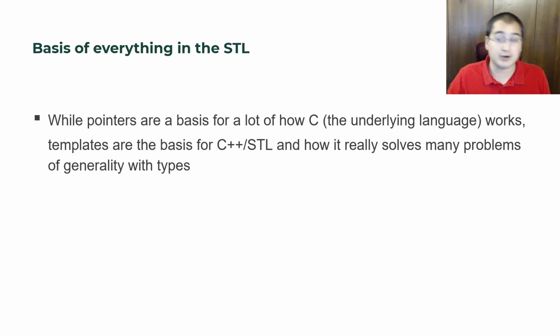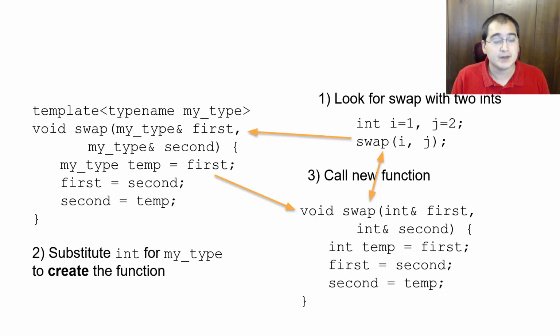Now, you can make a vector of ints, you can make a vector of doubles, you can even make a vector of vectors if you want. And you write types and you write functions so that they can handle arbitrary types. So you don't have to have a specific function that works on longs. You write a template so that it could work on longs, or it could work on floats, or it could work on other types.